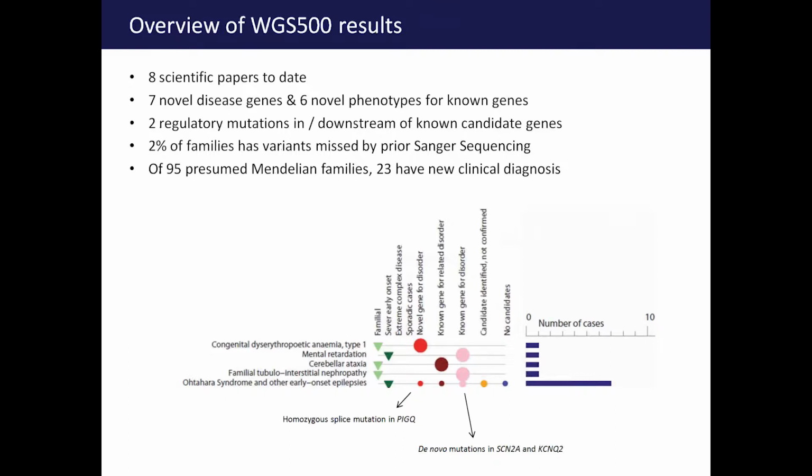Some of the other headline results are 7 novel disease genes and 6 novel phenotypes for known genes. There have also been 2 regulatory mutations, either in UTR regions or downstream of known candidate genes, and these are good examples of where whole genome sequencing has advantages over other methods.